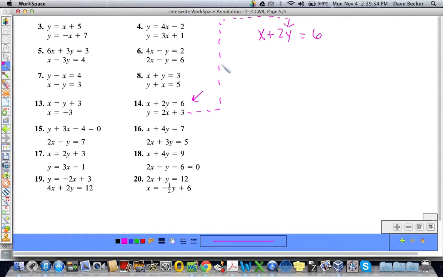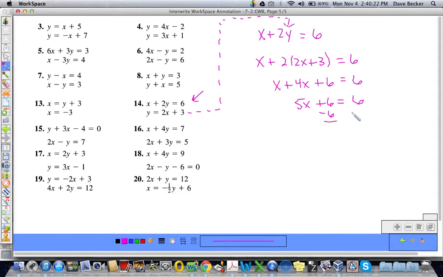I'm going to replace y with 2x plus 3, so x plus 2 times 2x plus 3 is equal to 6. x plus 4x plus 6. Did I do that right? Yep. Equals 6. x plus 4x is 5x. 5x plus 6 equals 6.